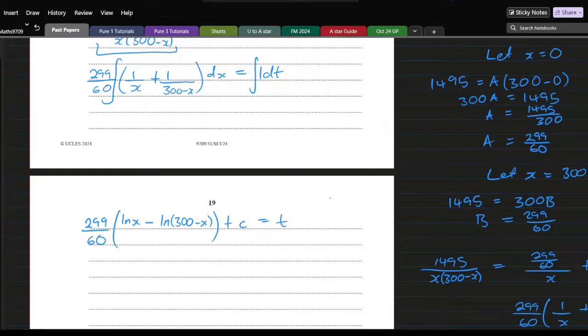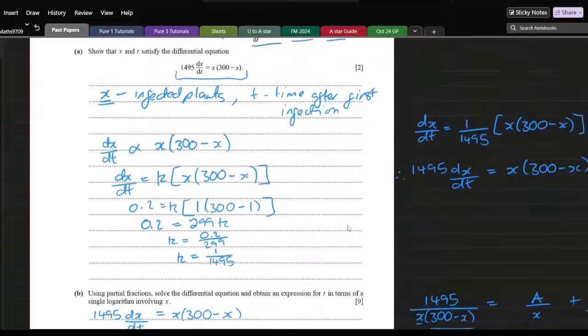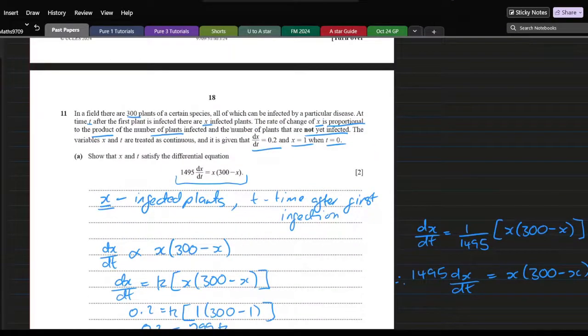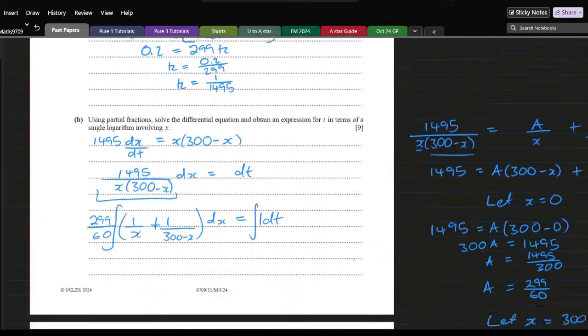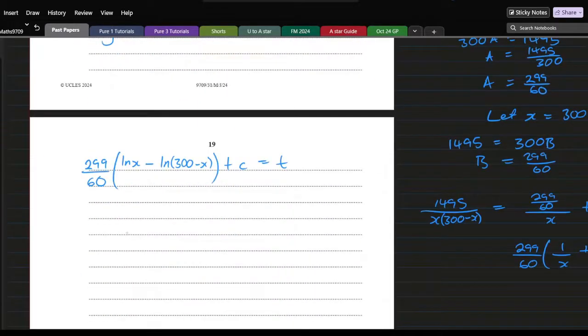So now we need to find what our constant of integration is, and we can use the information we were given that x is 1 when t is 0.